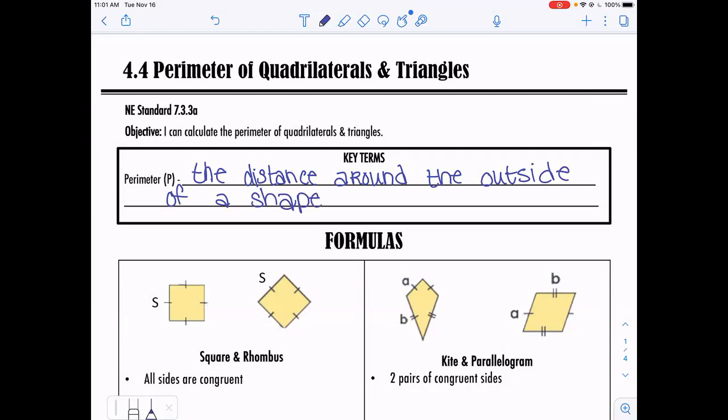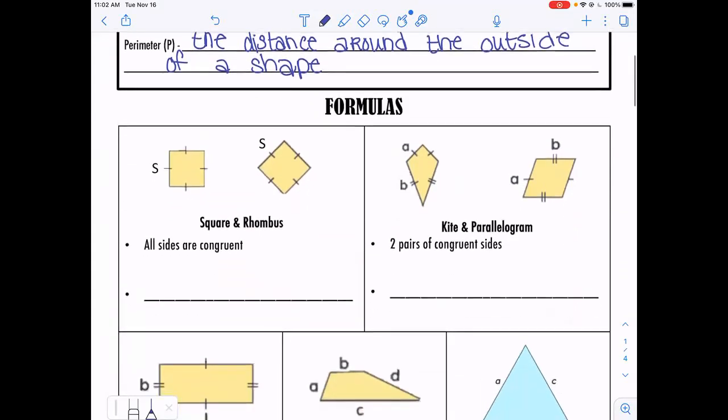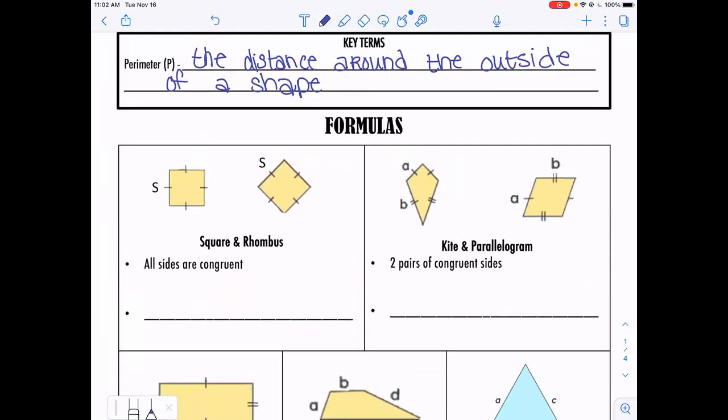Usually they use a capital letter P instead of writing out the word perimeter every time. Okay, so if you look down under formulas, we have a bunch of different shapes.